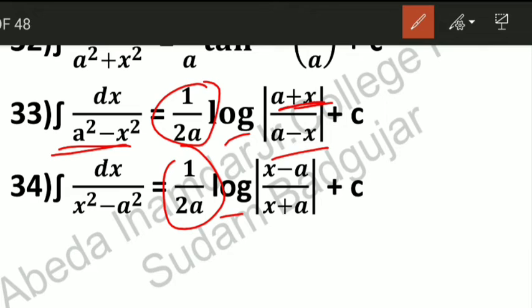For 34, the integration of dx upon x square minus a square is nothing but 1 upon twice a into log of x minus a upon x plus a. We can derive all three of these results. These are very important results, and we can prove them.